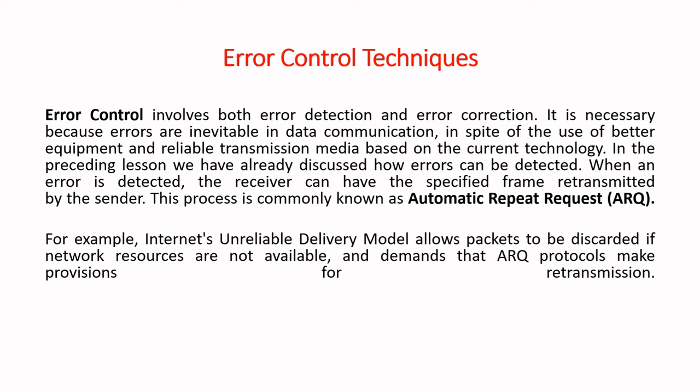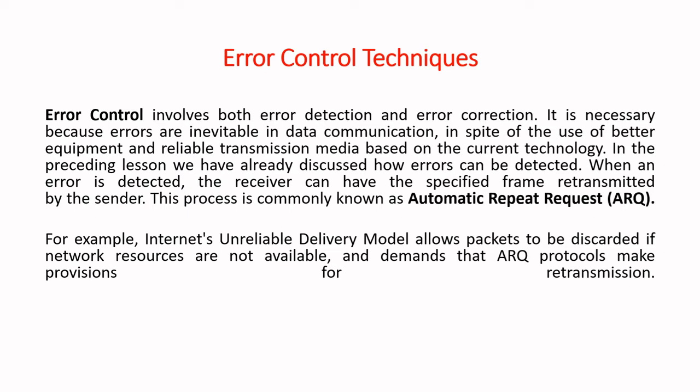For example, the internet's unreliable delivery model allows packets to be discarded if network resources are not available, and demands the automatic repeat request protocols make provisions for retransmission.